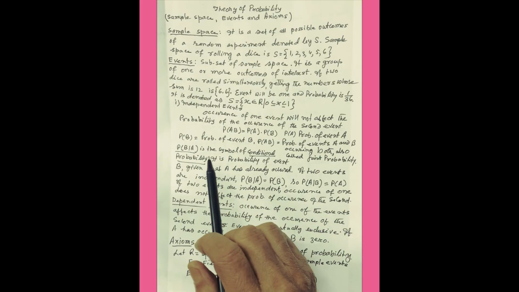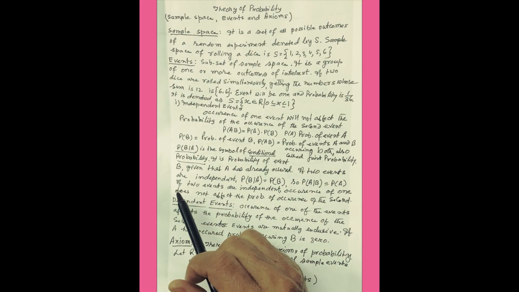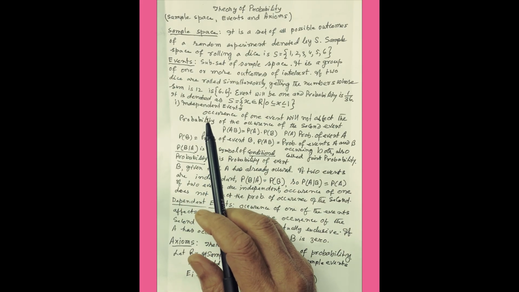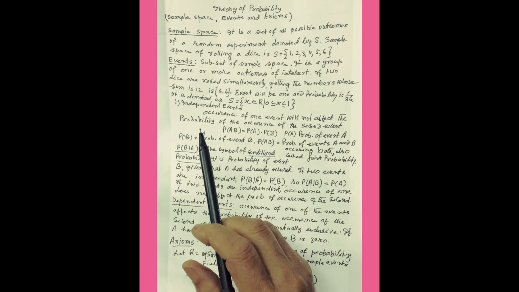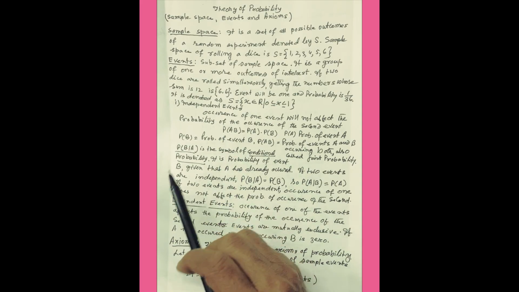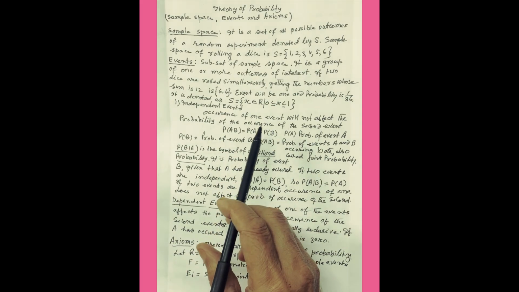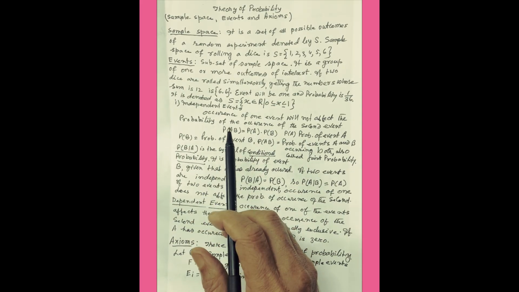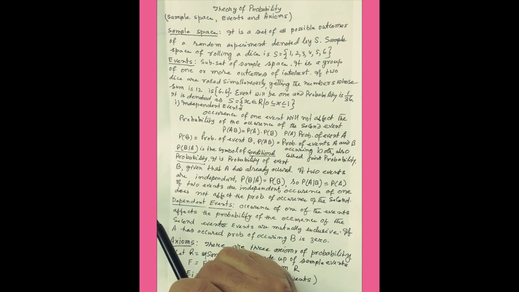Now this favorable case will be 6 and 6 only, because the maximum number is 6. So 6 plus 6 will be 12. No other combination. So the event count will be 1. And probability is 1 by 36.